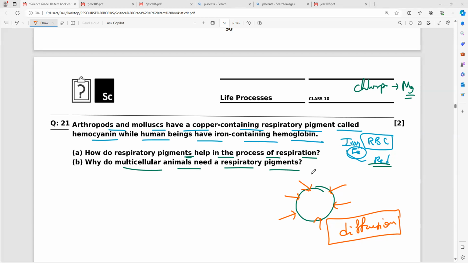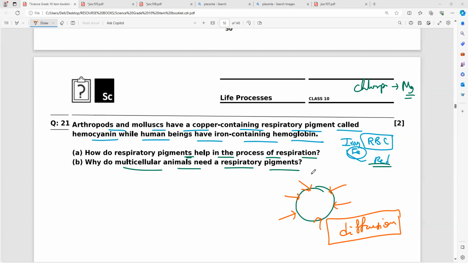To carry the oxygen quickly to all parts of the body, so that it will reduce the deficiency of oxygen. If there is no special pigment, the body parts will never get sufficient oxygen, so no proper respiration, no proper release of energy. So that is the reason.